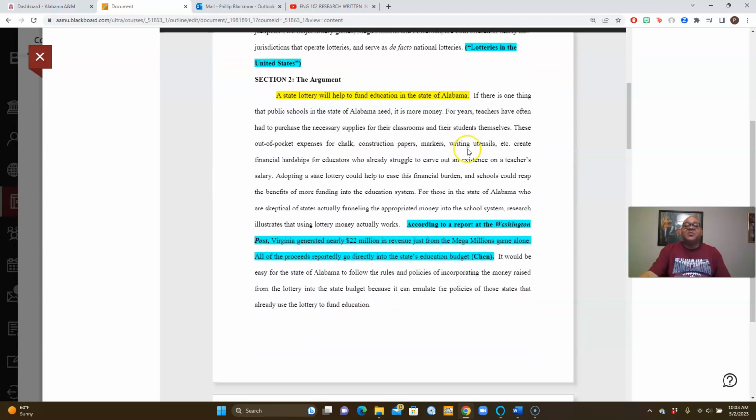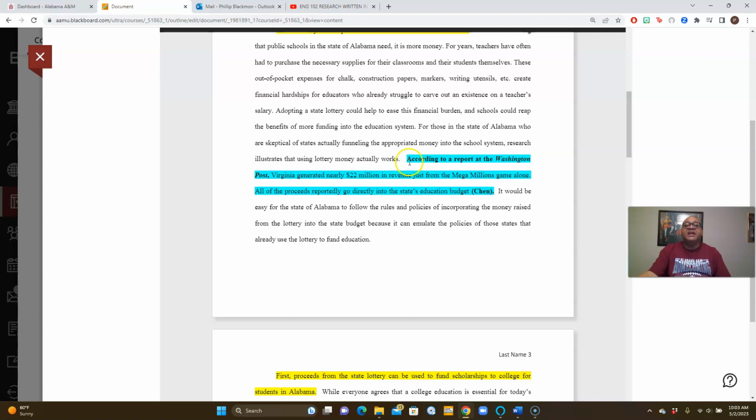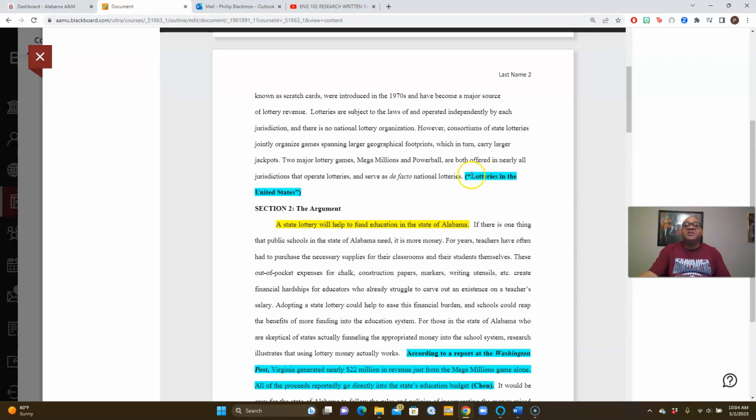This is different than when I get down here and I'm documenting a sentence because the period goes after the parenthetical reference, right? Whereas if I'm documenting the paragraph, the period comes at the end of a sentence and there is no punctuation after the parenthetical reference that lets me know where I'm going to find this information on the works cited list.